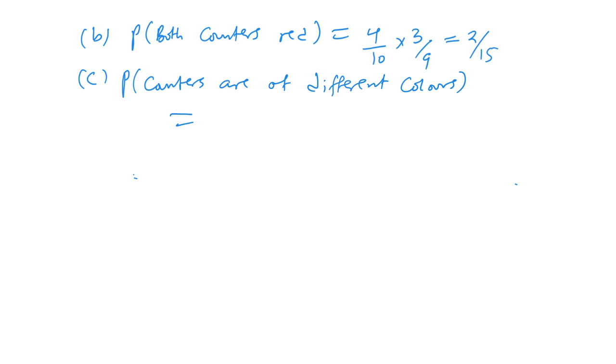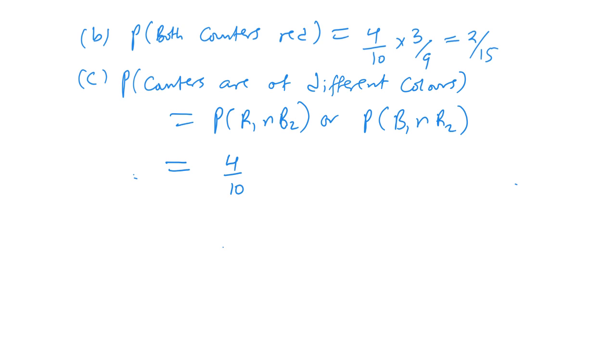Different colors, you have the probability of red 1 intersection black 2. Or it is the probability of black 1 intersection red 2. Okay. So if you are picking the first red, we said that was 4 over 10, and the second is black, that is 6 over 9.